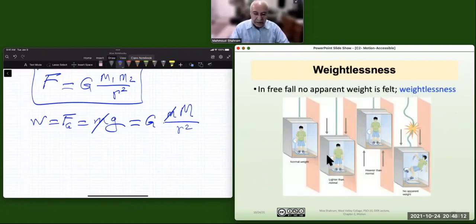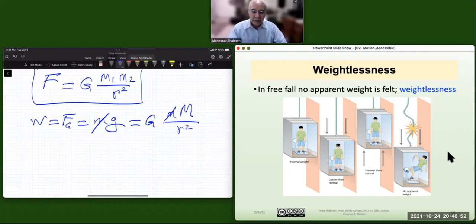Looking at these different scenarios, when the elevator is going at constant speed, you see your normal weight. But when it's accelerating down, you feel lighter. When it's accelerating upward, you feel heavier. And if the cable breaks, you're floating, but that's weightlessness.